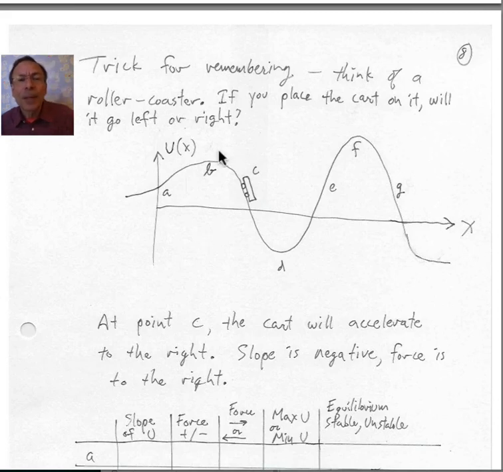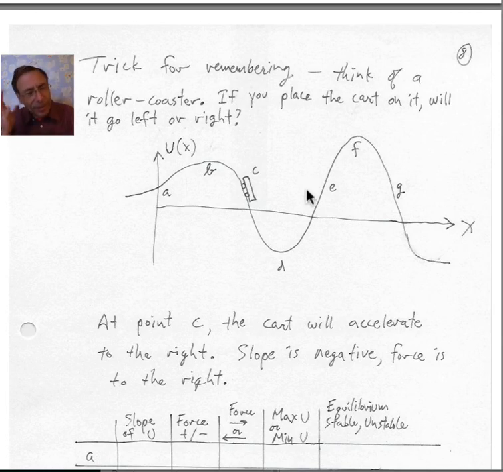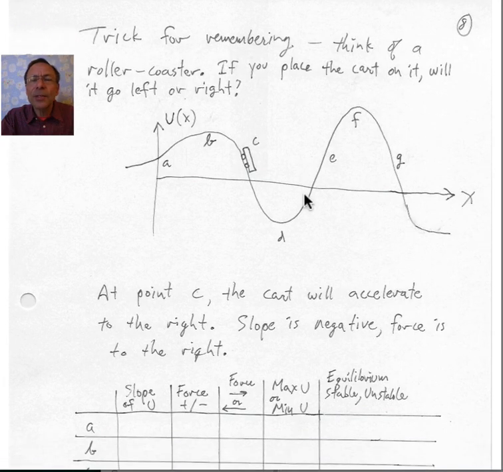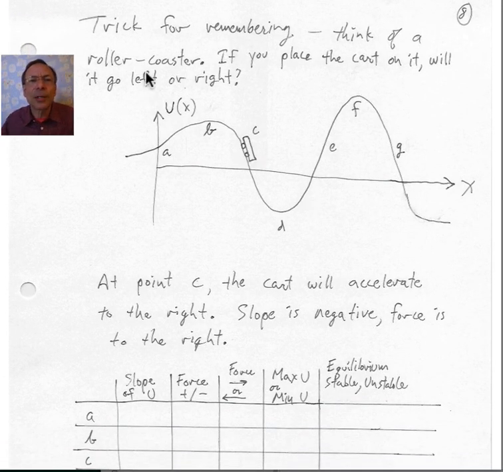Sometimes this is hard to remember, right? Especially with the negative sign. Somehow that causes a little bit of confusion. And so let's think about it this way with this trick. Let's suppose that I had a roller coaster shaped potential energy curve.